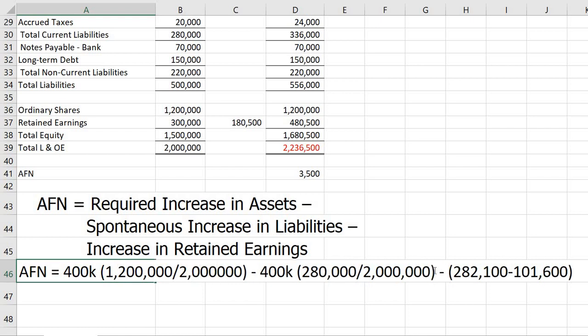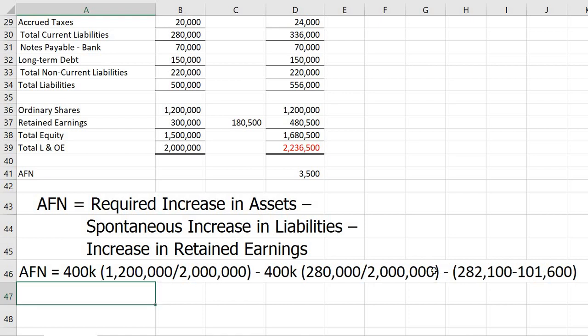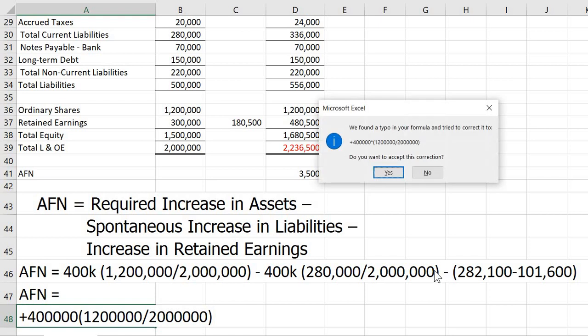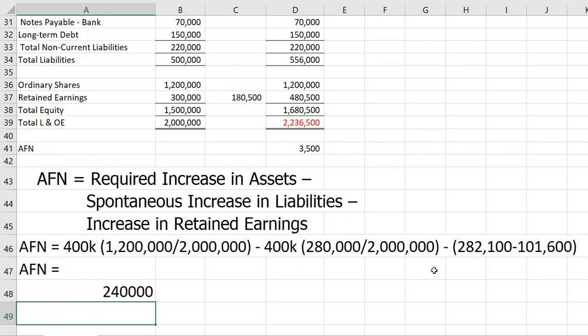So, if we substitute in the formula, your AFN: this 400,000 times 1.2 million divided by 2 million will be 240,000. So, your required increase in assets would be 240,000.